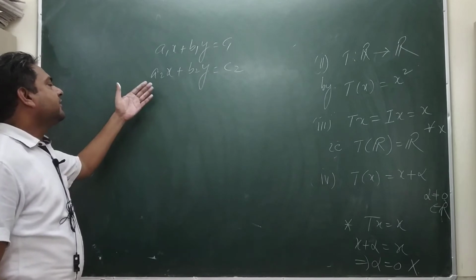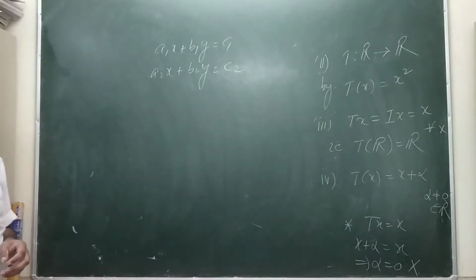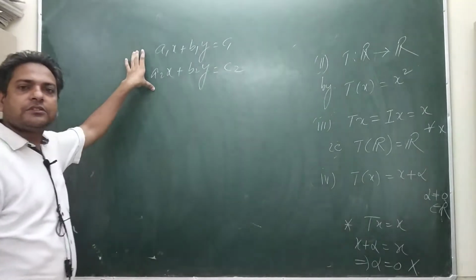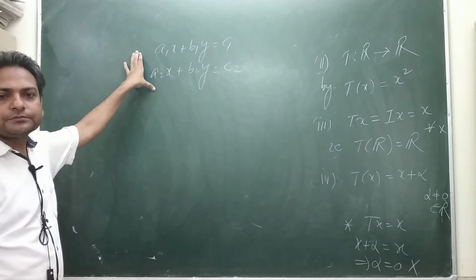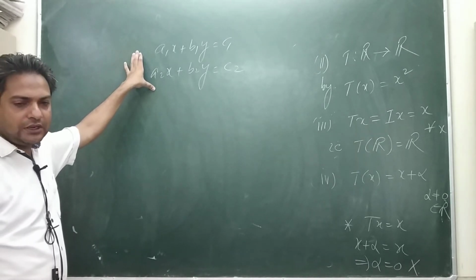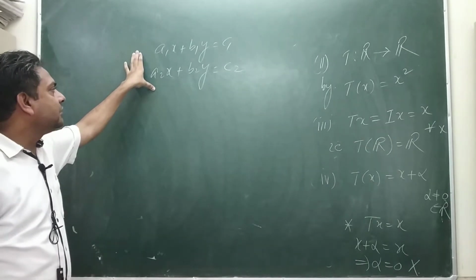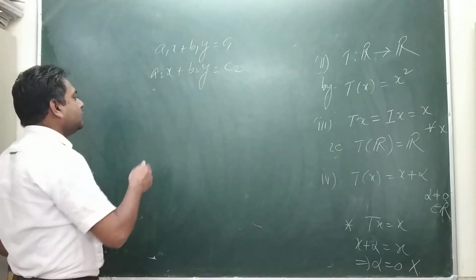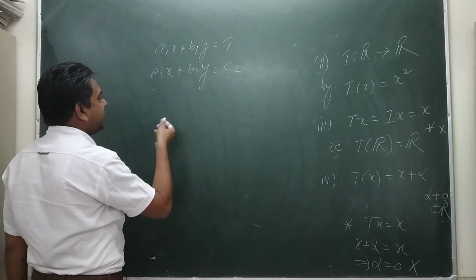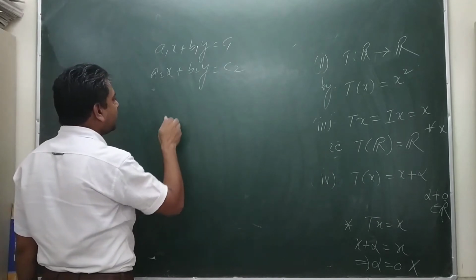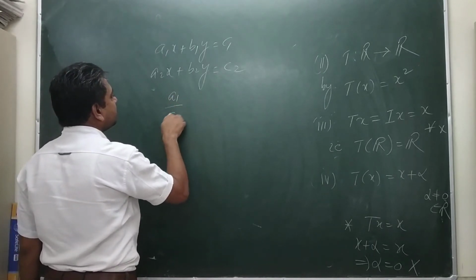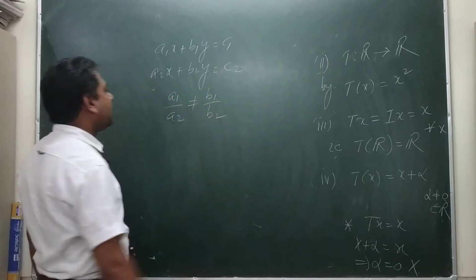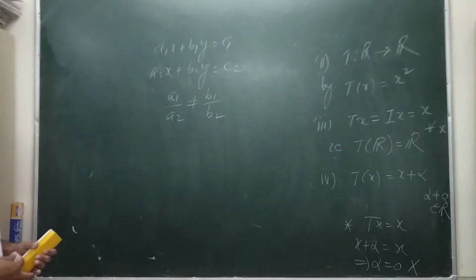First we will not go to calculate the solution of the system. First of all we have to check whether the system is consistent or not, because if the system is not consistent, then we cannot solve the system. So of course you know the condition to check whether the given system has a solution or not. If you remember, this was the condition: a1 upon a2 does not equal b1 upon b2.